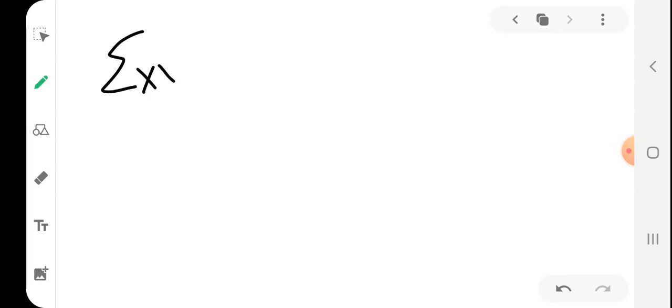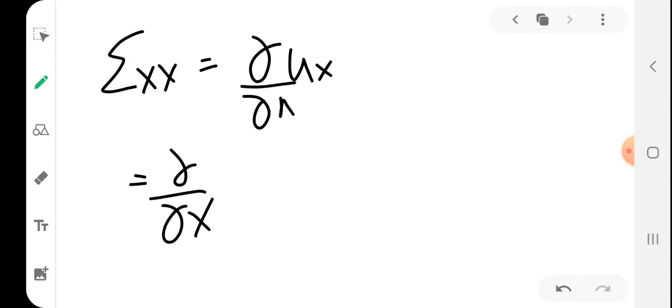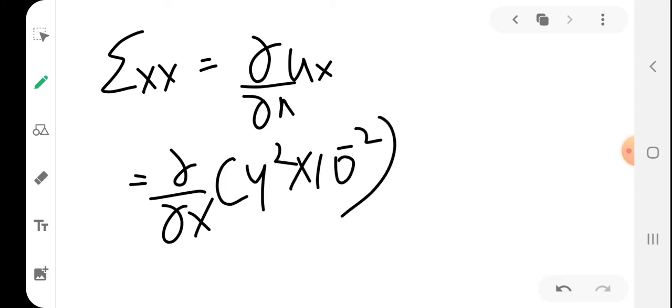Epsilon xx is nothing but dou by dou x of ux, which is dou by dou x of y square into 10 raised to minus 2. Since this is with respect to x, and this term has no x, it is considered as constant, so it will become 0.